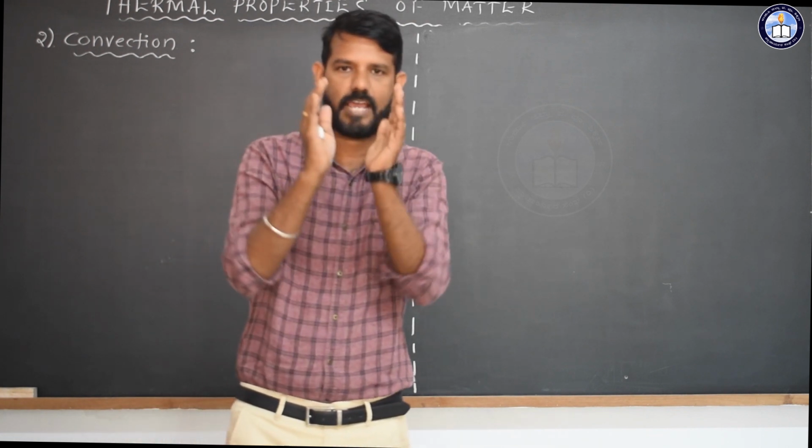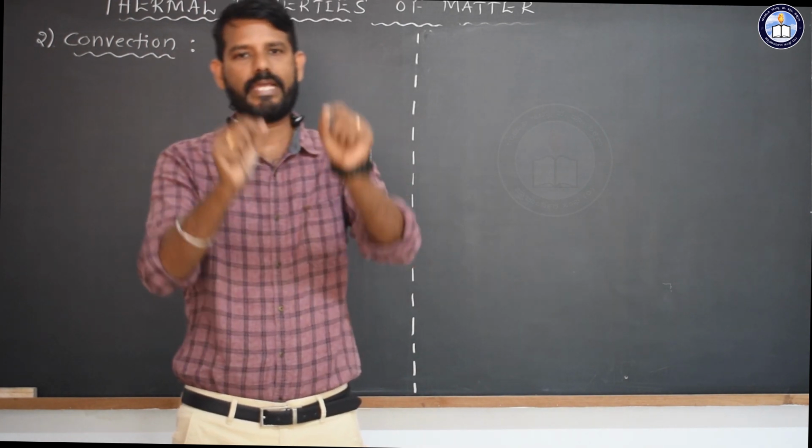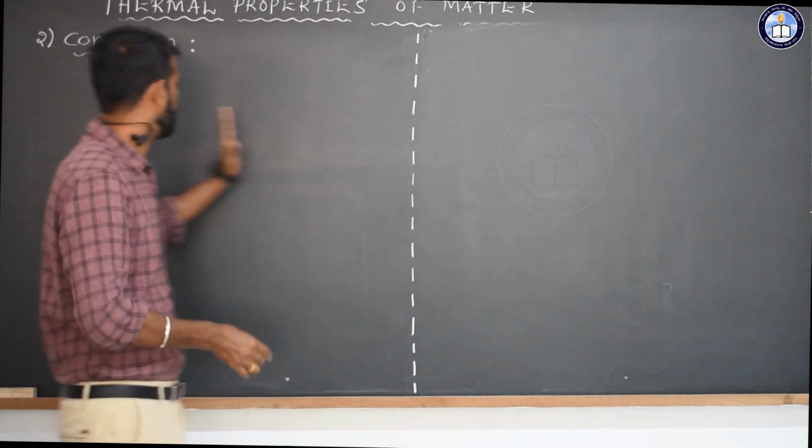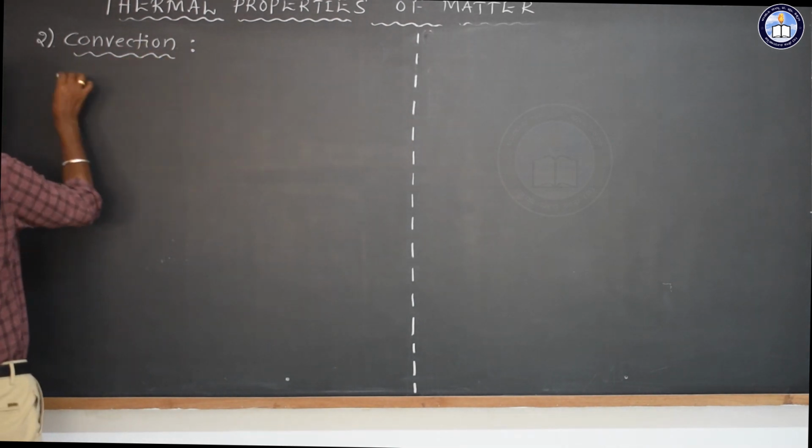Normally, this type of transfer of heat energy takes place, or is possible, only in liquids. Here there is a transfer of heat energy with the bodily movement of the particles.